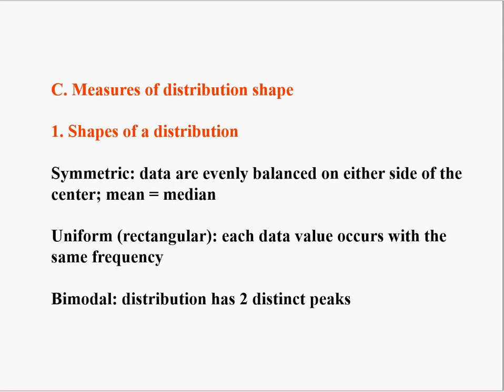Symmetrical distribution. You may also have a shape we call uniform distribution, in which each data value occurs with the same frequency, kind of a flat, uniform distribution. You may also have bimodal distribution, which means that there are two distinct peaks.